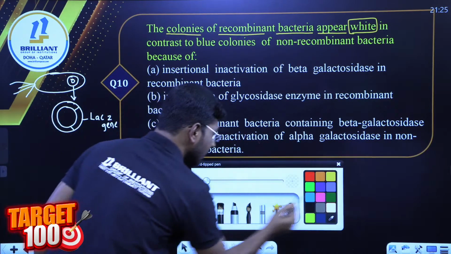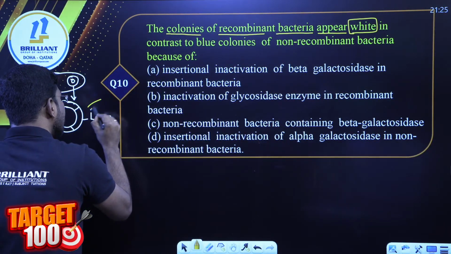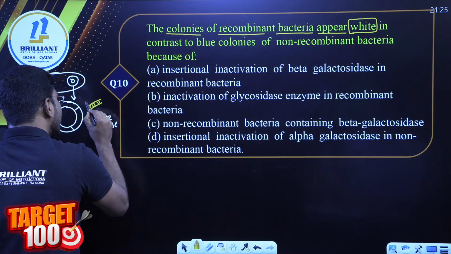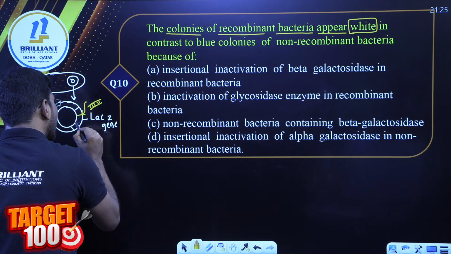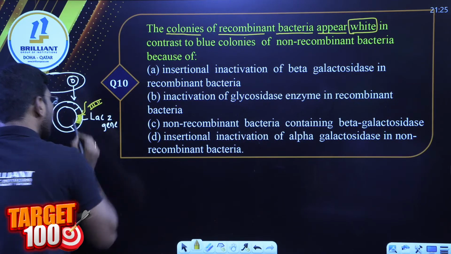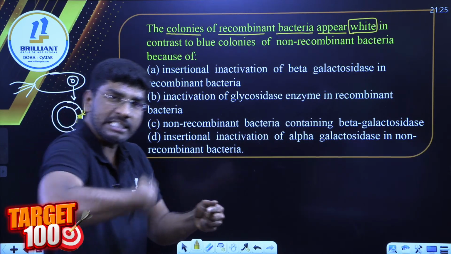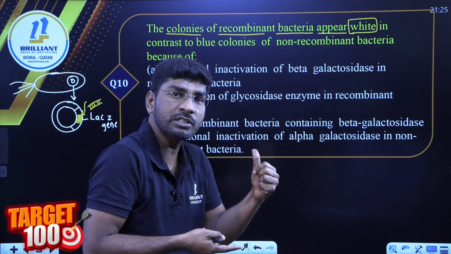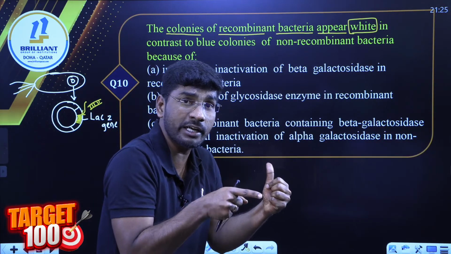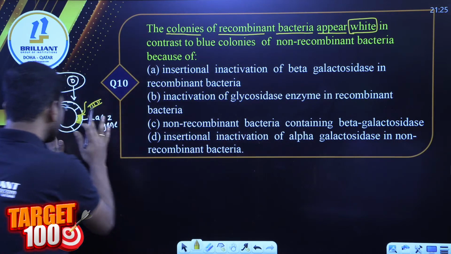In between the lacZ gene, I inserted my target gene. I inserted it here, exactly here. Am I clear? If this plasmid receives my DNA, the lacZ must have been inactivated, right? So this is my recombinant.